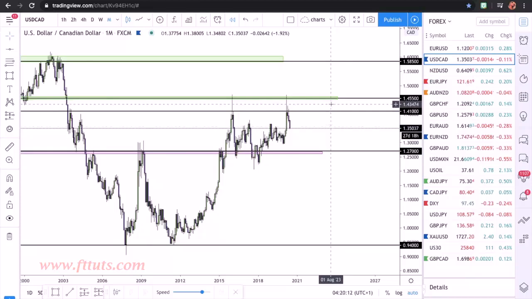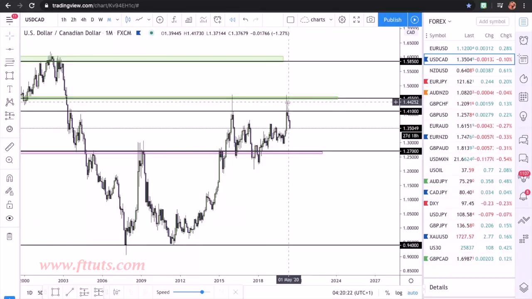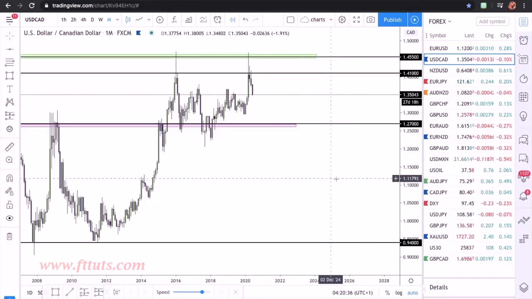So for example, it rejected and stayed below that 145.5. That's 1,000 pips from March 2nd. So April, May, it's about 3 months. So, I mean, pretty good.